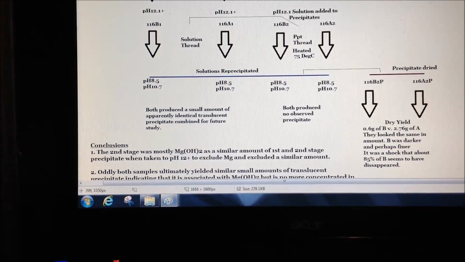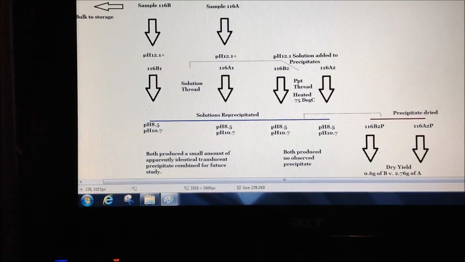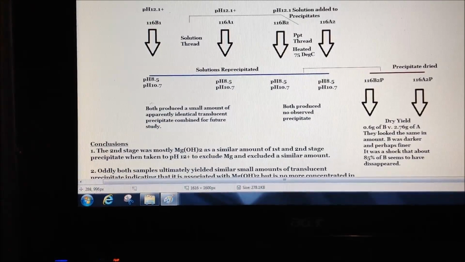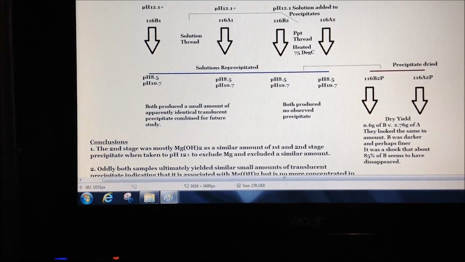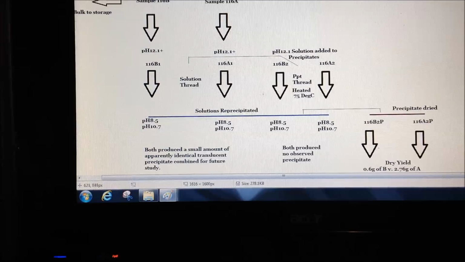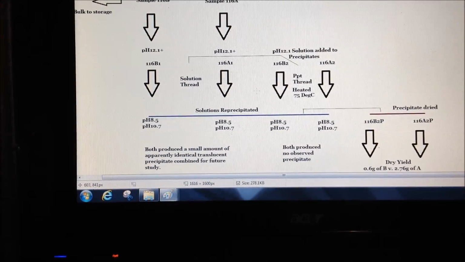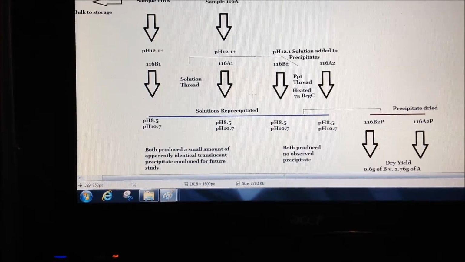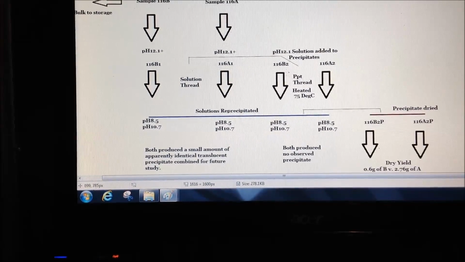Now the results were that in terms of this solution, we produced a precipitate in the re-precipitation. It was a very much reduced amount of precipitate, and the precipitate that was dissolved at pH 12, it appeared that hardly any of it dissolved, yet some must have dissolved to produce that translucent precipitate that we got.